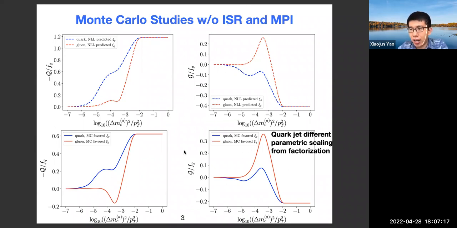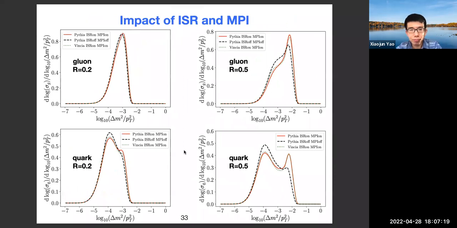And now let us check the ISR and MPI effects. So here is the comparison between small jet measurements and large jet measurements, large R jet mass measurements. Here I show you three kinds of curves: the PYTHIA results with ISR and MPI effects turned on, PYTHIA with those turned off, and VINCIA results with those turned on.